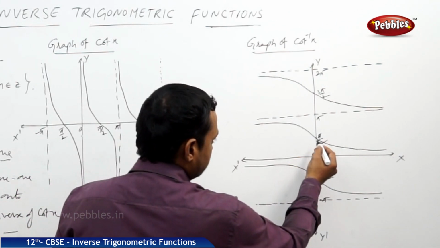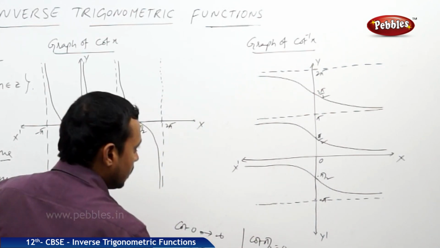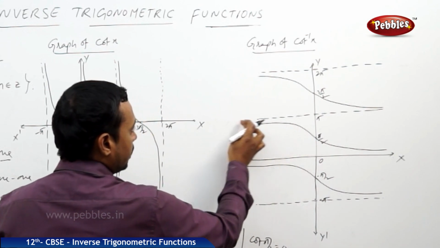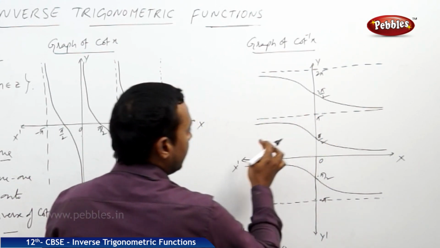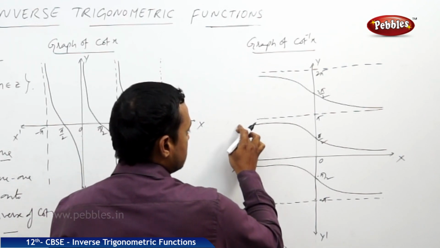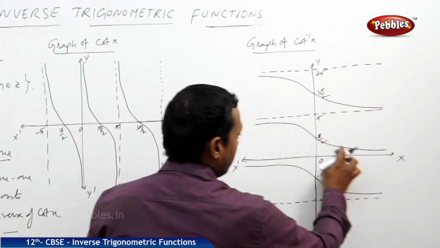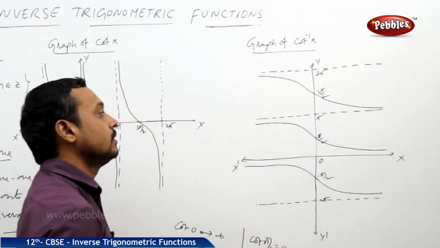As x tends to minus infinity, the cot inverse value tends to pi. So in this interval, as x goes from minus infinity to plus infinity, the cot inverse values are defined from 0 to pi.